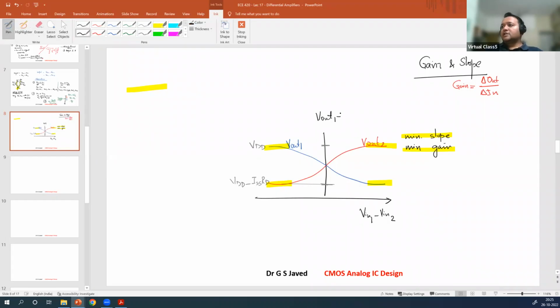So what would happen on the other side where there is maximum slope? This region is filled with maximum slope. So where you have max slope, right? You have max slope and max gain.